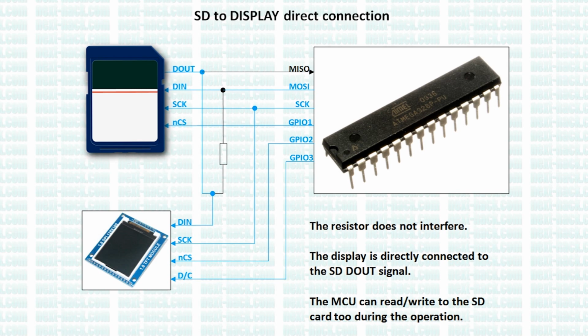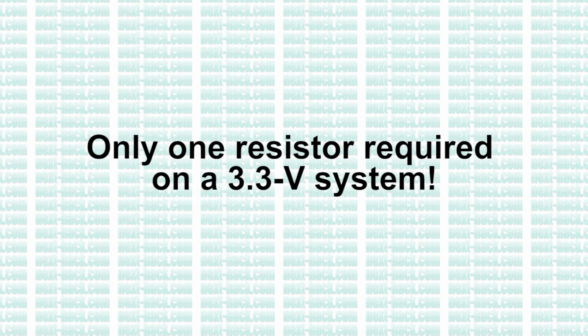In fact, the SD card is still directly connected to the CPU, as in the first case. However, the display is also listening to the SD card and not to the CPU. In fact, the external resistor will have a much larger value with respect to the output of the SD card. In this way, the logic level read by the display will be determined by the SD card and not by the CPU. Perfect! We just need a resistor.